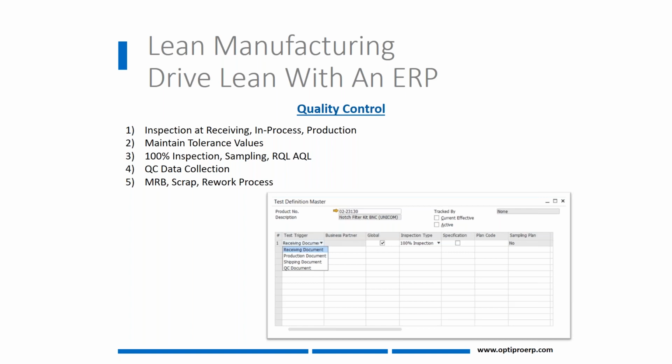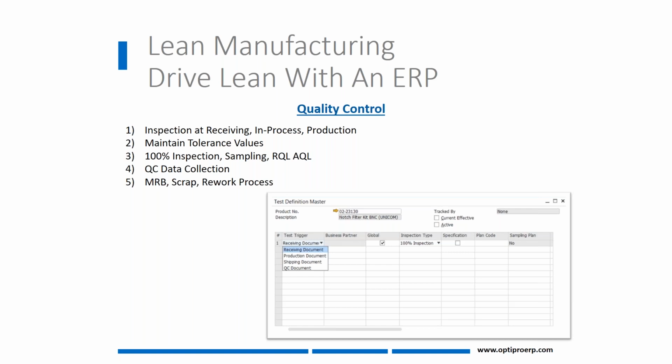You have to be able to understand tolerance values. So yeah, you can say, okay, I've measured this particular dimension, but you really want a system that says, here's my minimum tolerance, here's my maximum tolerance, put in the found value and let the system pass or fail. Okay, we can show you that in OptiPro.